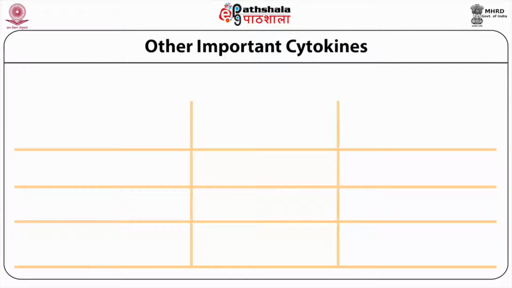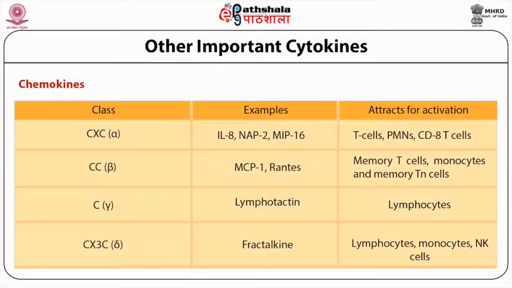Here are examples of some of the chemokines. More than 50 have been identified so far. These are 8 to 10 kilodalton peptides, largely responsible for chemotaxis of lymphocytes, monocytes, and neutrophils. These have conserved cysteine residues, and their position and amino acid sequences form the basis of the 4 classes of chemokines.